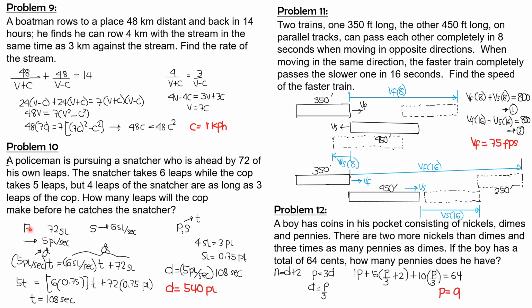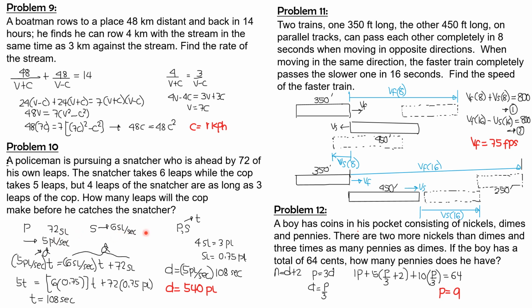Then this should be the meeting point where the policeman catches the snatcher, and the time they will meet here we'll call T. So the speed of the policeman is 5 policeman leaps per second, while the speed of the snatcher is 6 snatcher leaps per second.